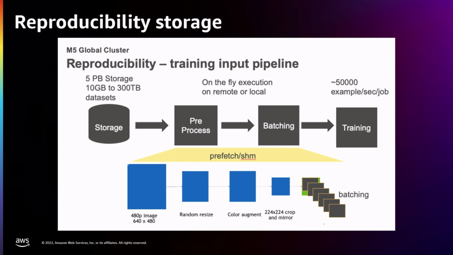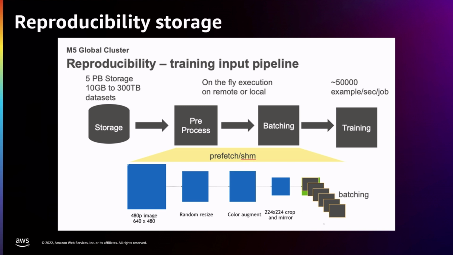And then I want to also step into a little bit on the data storage of the reproducibility. As you can see, when we started training large models in text, we started streaming in images. Images take huge space in your storage system. But we actually don't process the image in a separate cluster.